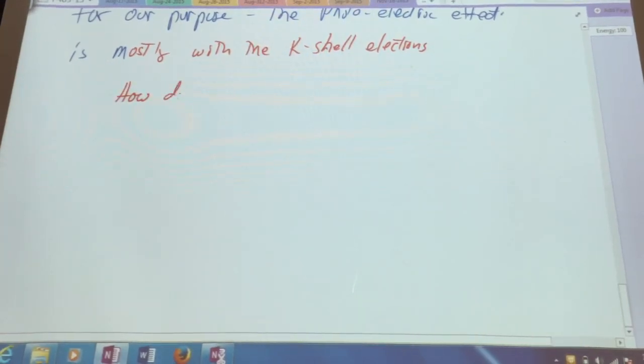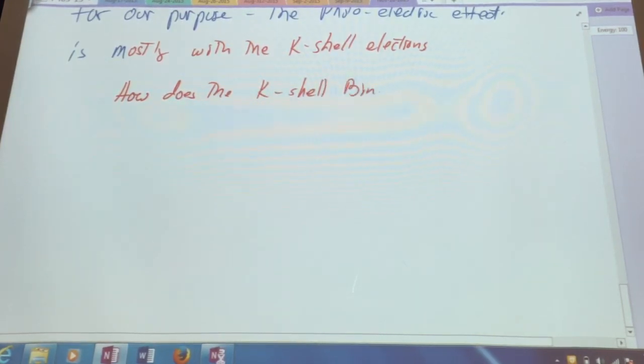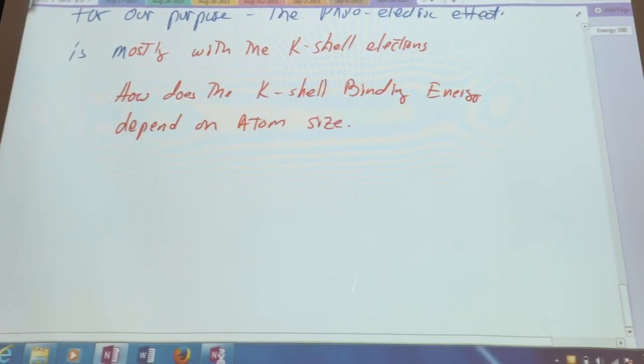Exactly. So the question is, how does the K-shell binding energy depend on atom size? The larger the atom, the more binding energy it has.